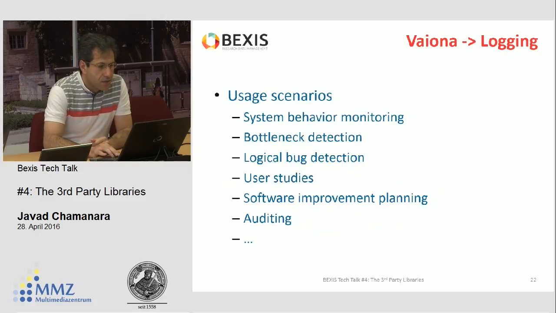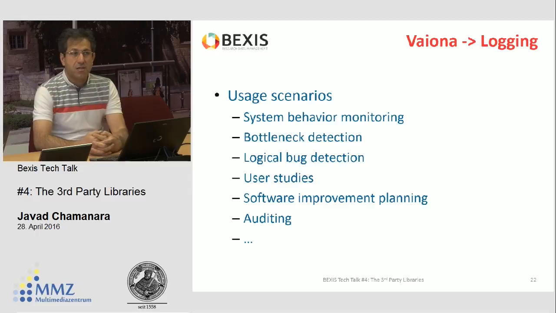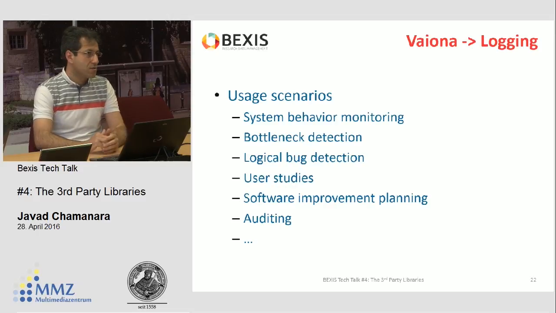That's it for now. So we are using these scenarios for system behavior monitoring, like which function was called more frequently, which functions are not called at all, where the bottlenecks are, and whether there is a logical bug that is not really captured in normal ways.